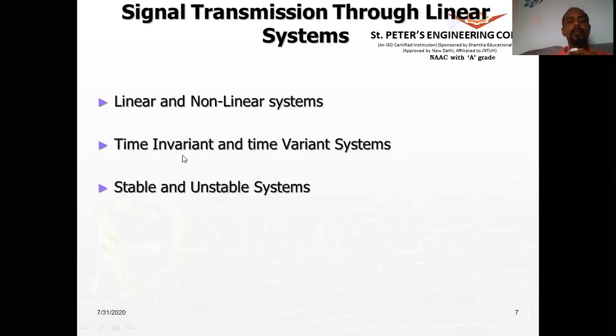It is time invariant, it does not vary with time. Such a system only we are going to mathematically model and solve problems for, not for any other systems, because the other things are more complicated. And we can also check the systems that are stable. Of course we need systems that are stable, not unstable.